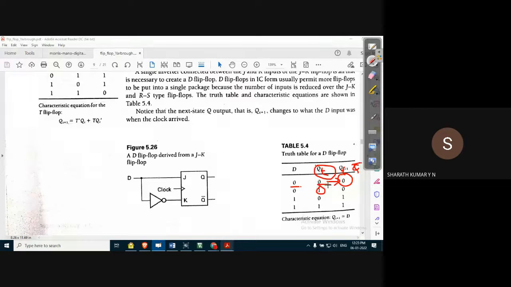If it is 1, it will change the state to 0 when D is 0. The same thing when D is 1: initially if it is 1, it will change the state to 1, because D should be the same as Q. That's why it's called a data flip-flop. Initially if it is 1, it will retain the state. So that's how the D flip-flop works.